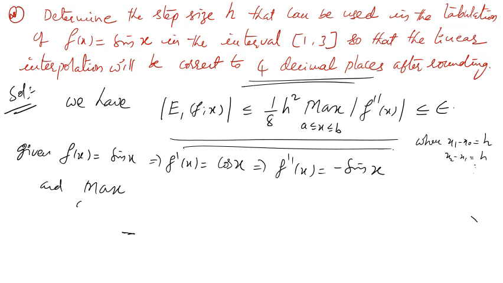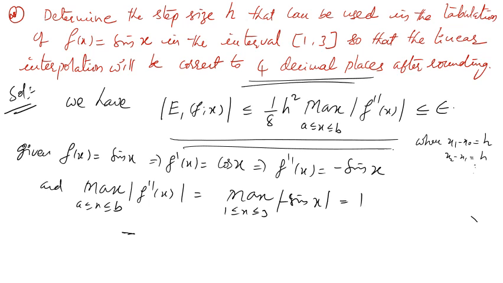The maximum of f double dash x for x between 1 and 3 is the maximum of mod sin x.